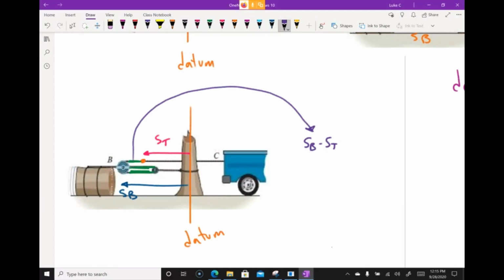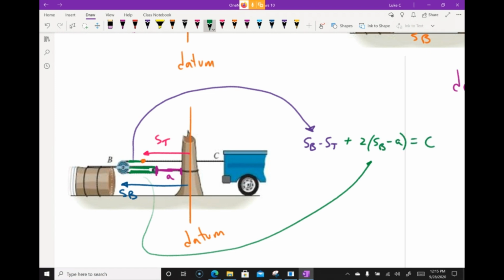Now those other 2 points, I like to define these distances as A. So this distance right here is A. So these 2 green sections, there's 2 of them, and it would be SB minus A. And that equals a constant.